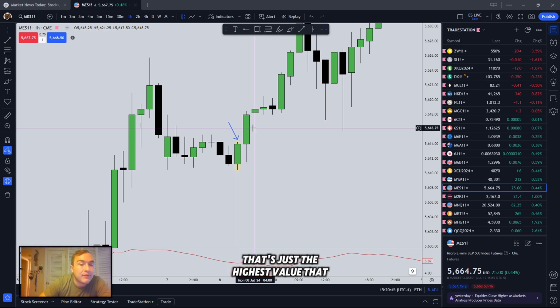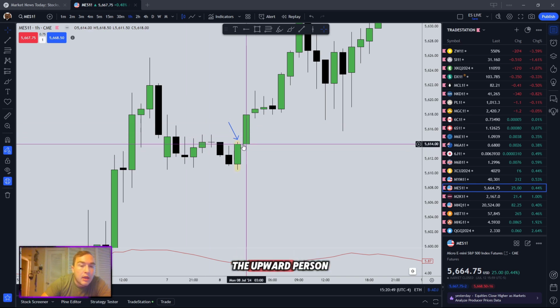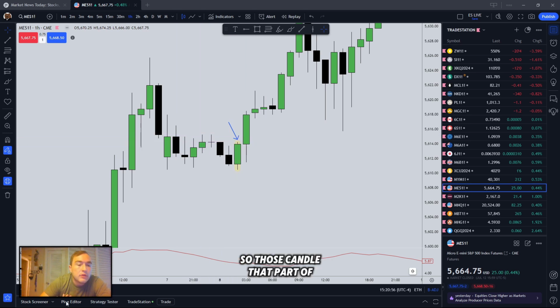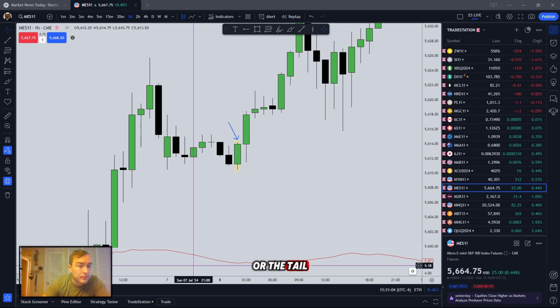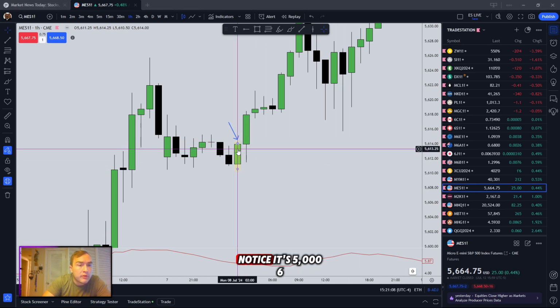That's just the highest value that it reached during that hour, which is why the upward portions are these little thin lines. They're called wicks. So that part of the candle that is not the candle body, or within the open and the close, is called the wick or the tail. Okay, guys, so the highest part of that candle, notice it's 5,614.25.